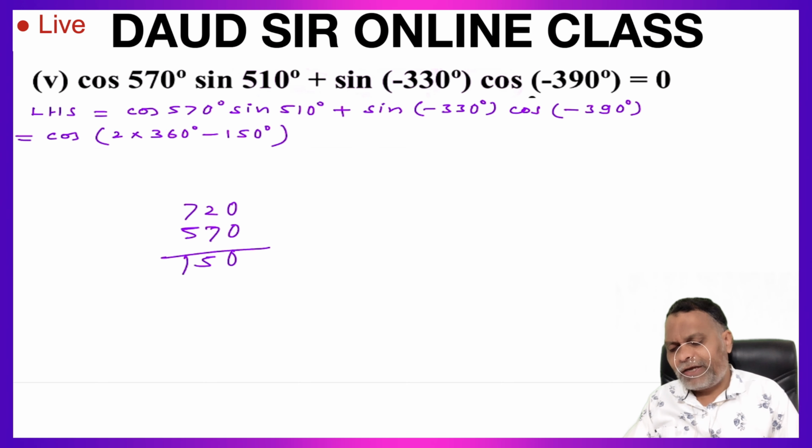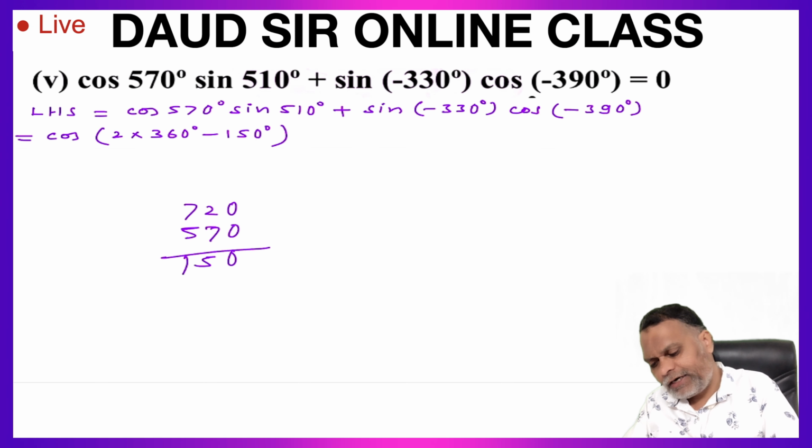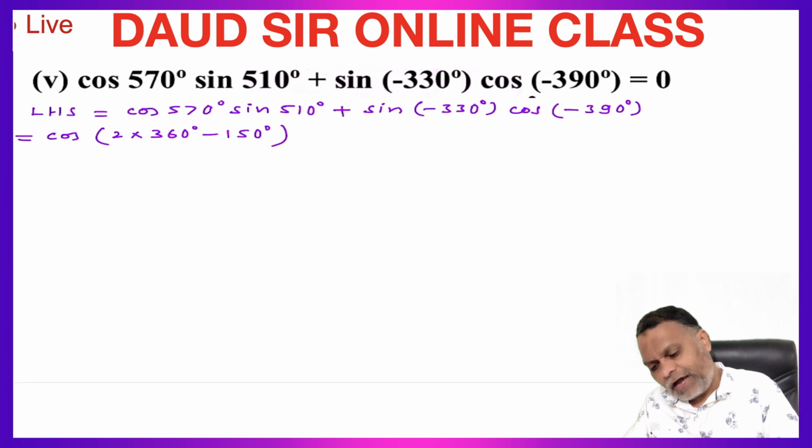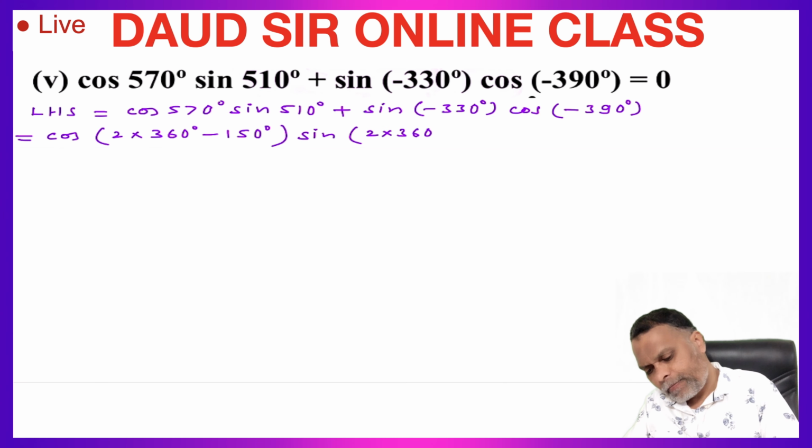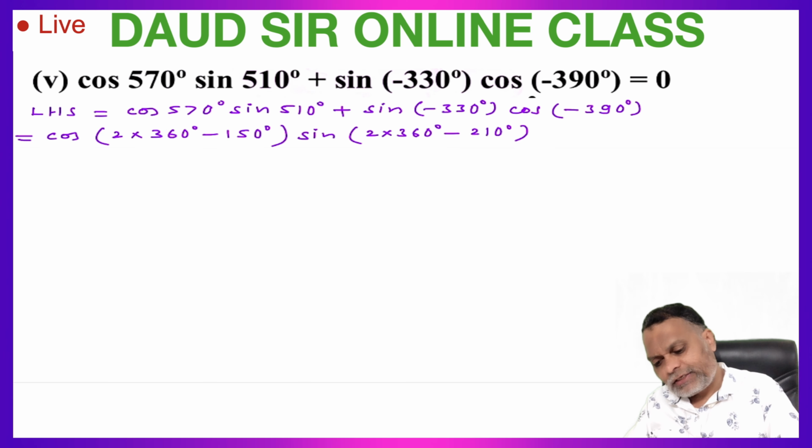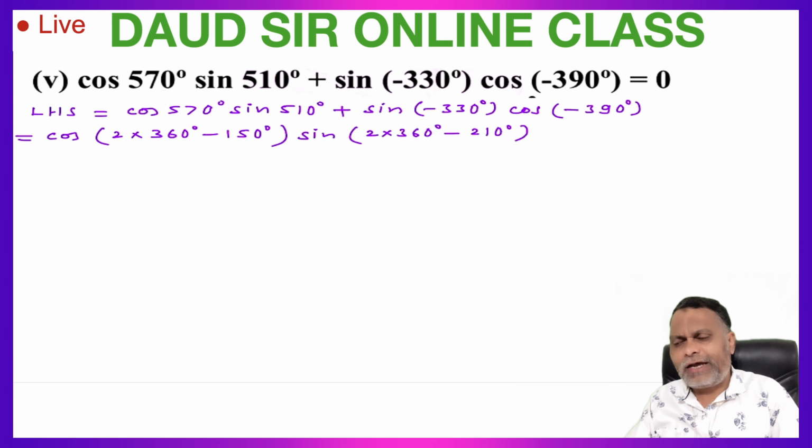So 720 minus 150 is equal to 570. Sin 510, this 510 can be written as 2 into 360, this 720 minus 510 is 210 degree, and this sin(-theta) lies in fourth quadrant.